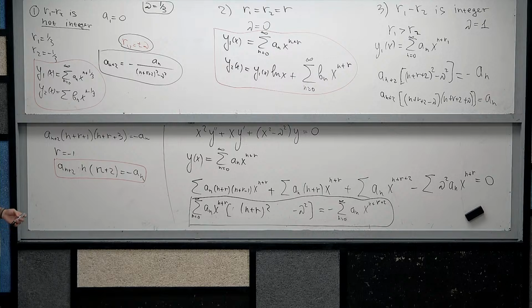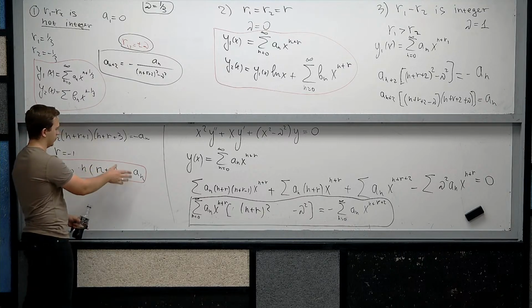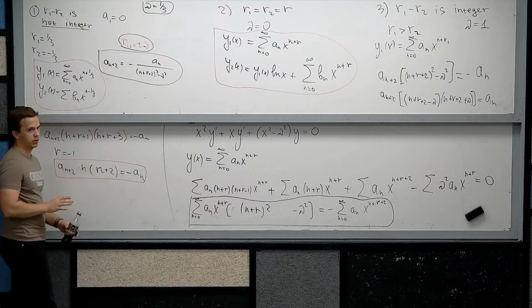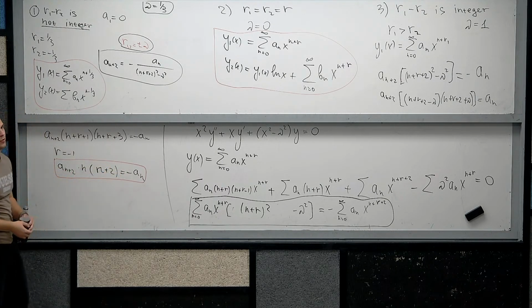Does someone see a problem here in this relation at n equal to 0? Divided by 0? No, I mean you don't need to divide this equation by this. Just look at the right hand side and left hand side. What do you see? Minus and plus.